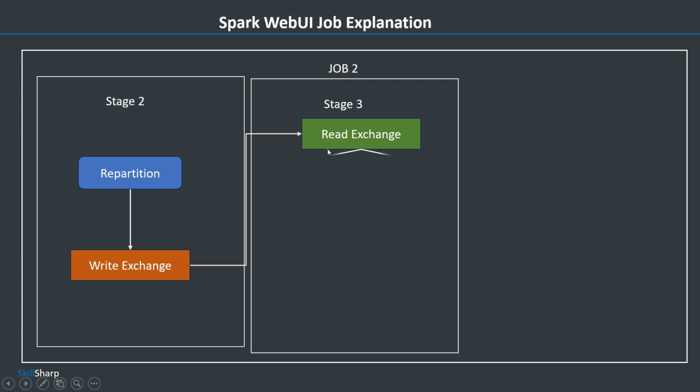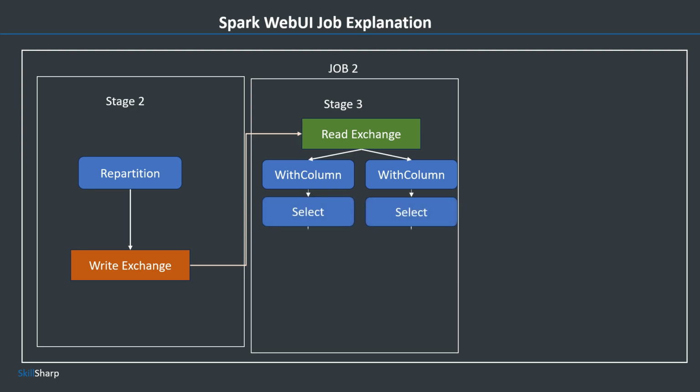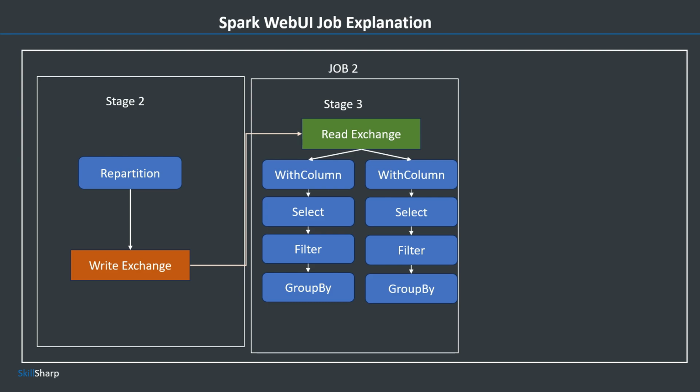After that, it will create two tasks, and here you can see the first transformation withColumn is applied, then select, then filter, then groupBy. But groupBy is a wide transformation, so we have to shuffle the data across the executors or partitions. So here again one write exchange is created, all the data is sent to it, and this stage ends here.